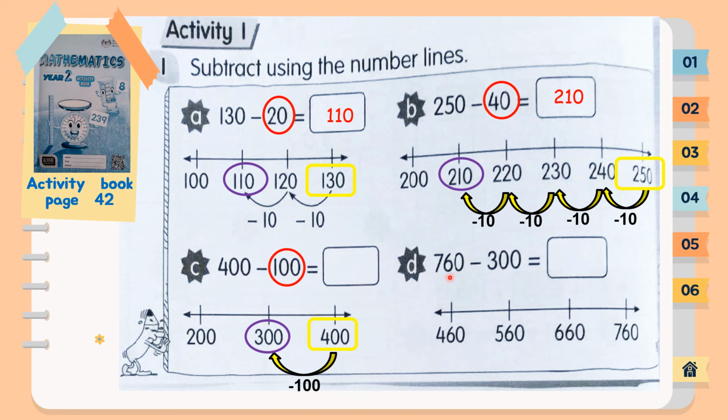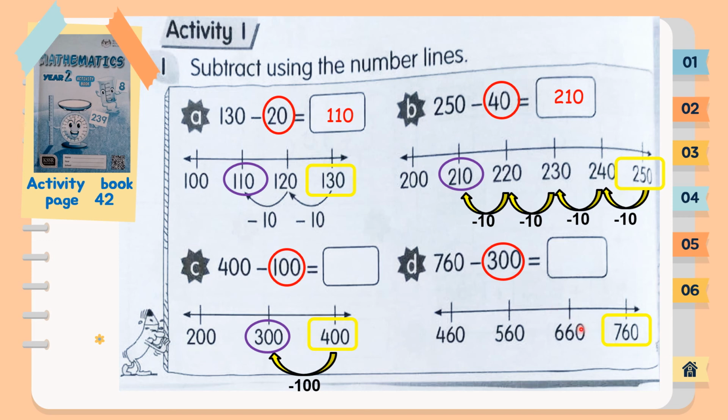Okay, D, 760 minus 300. Which one is the bigger number? Yes, 760 is the bigger number and we put it on the right side of the number line. Then, we want to subtract 300. How many times will we subtract? 300, we will subtract 100, 100. So, we will count back in hundreds.